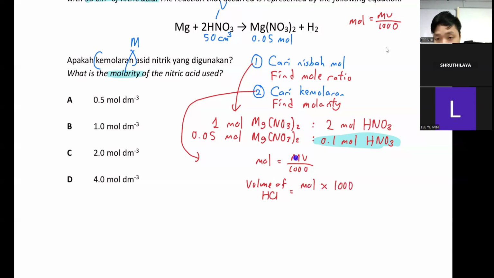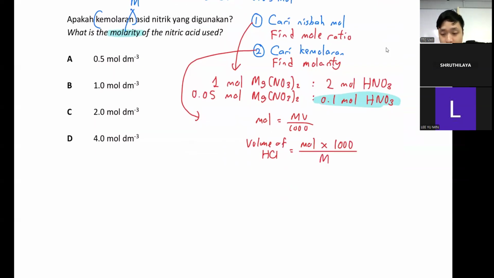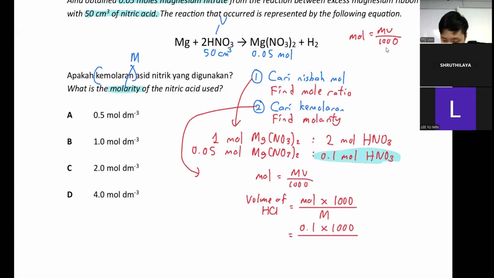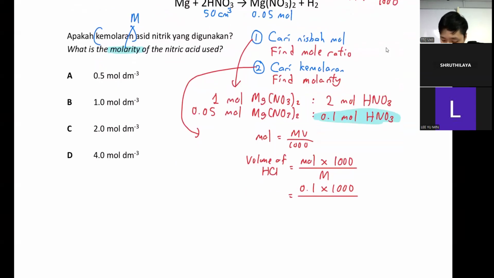You move V, which is times, to that side, become divide. So mole times 1000 divide V. Sorry, I am so sorry, I'm confused. Molarity.